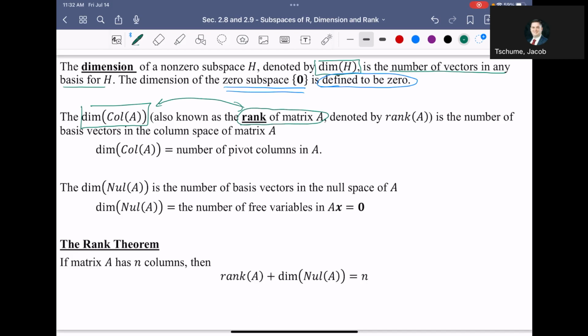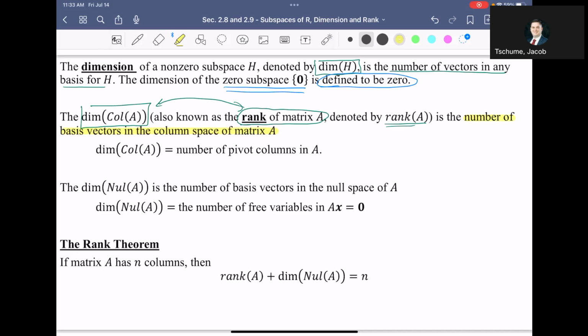If you're a person who wants to use the rank notation, it's just written as rank of A. You can write it that way. It doesn't matter to me. What this will be is the number of basis vectors in the column space of matrix A.